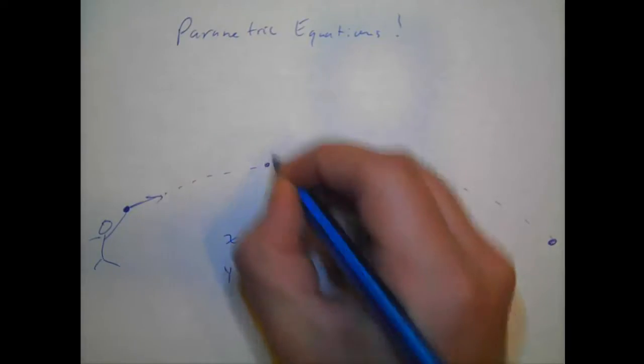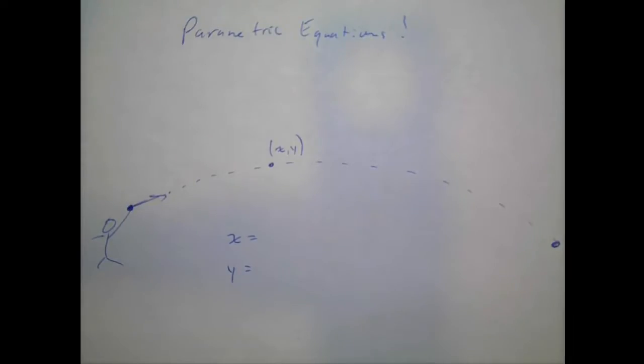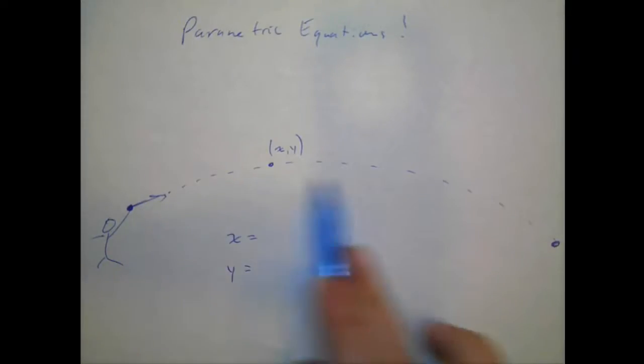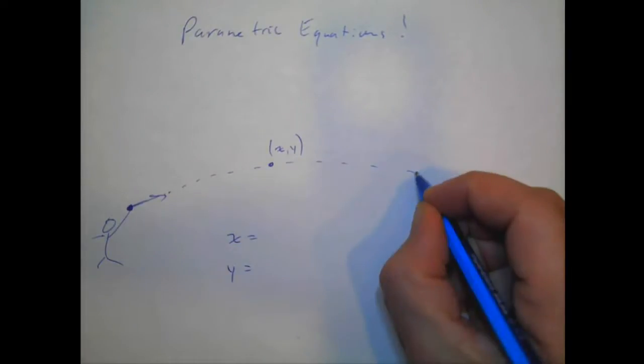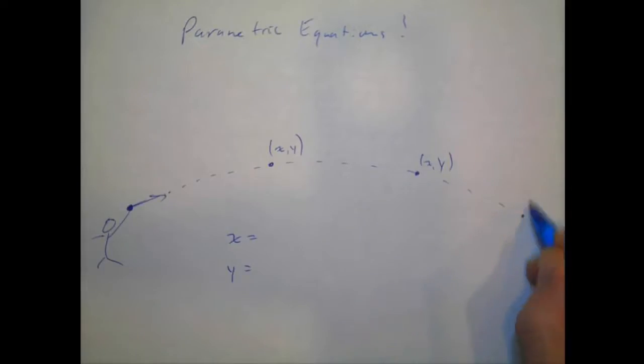To get to any point in this ball's flight path, I have an x and a y coordinate. When I throw this ball, it isn't everywhere all the time. Say this is after 1 second, say this is after 2 seconds, say this is after 3 seconds. They all have different xy coordinates.